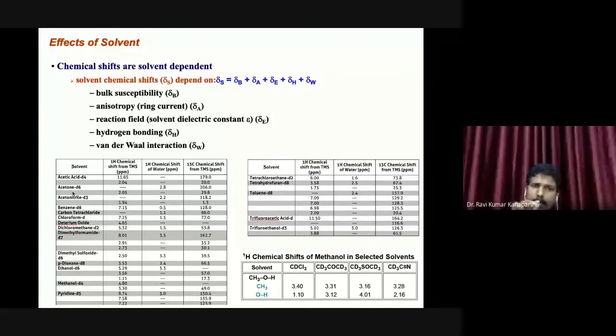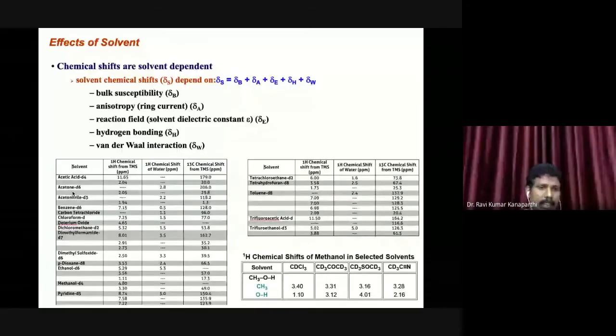There is a certain percentage of acetone molecules which remain as they are, and they don't convert into acetone D6, right? So that depends upon the solvent. Similarly, chloroform D.